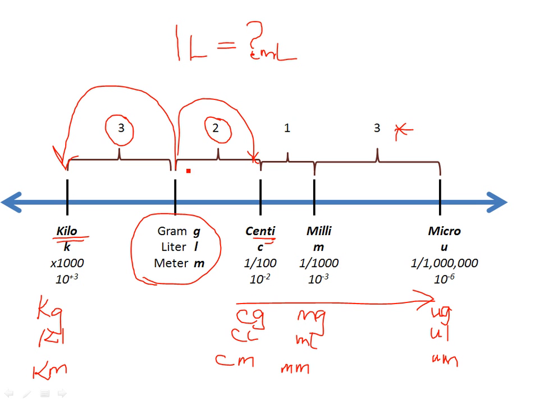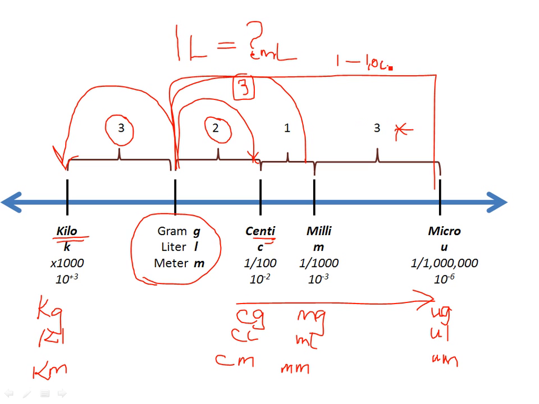To go from a gram to a milli is going to be 3 decimal spaces because there's 1,000. And what do you think? To go from a gram all the way to a micro, to go from 1 to a million, how many zeros are there? 6. So we're going to come back to this concept of how many decimal spaces are between each later.